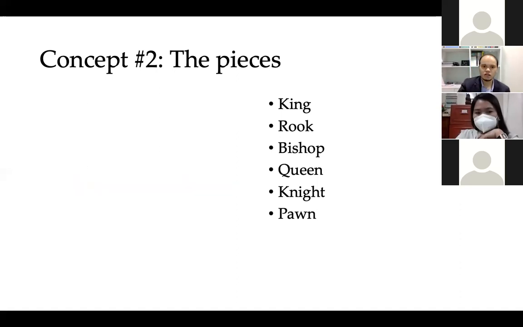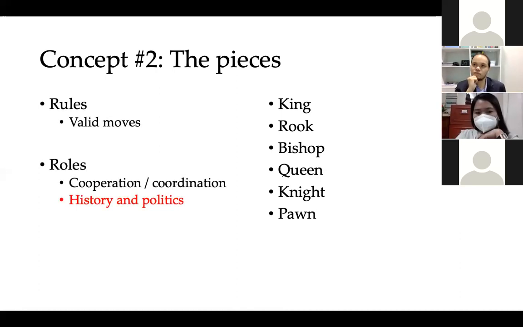Okay? You also introduce them in a way to what is called in the field interdisciplinary chess. And an example of this would be you can highlight the role of history and politics. If you've noticed, the names of the pieces are actually based on medieval titles. Now, in the case of the Philippines, we probably cannot associate this as much. Okay, perhaps very, very secondarily lang.